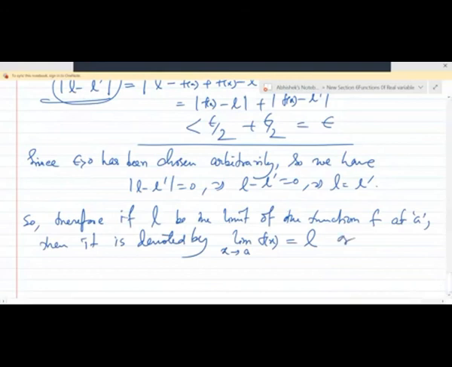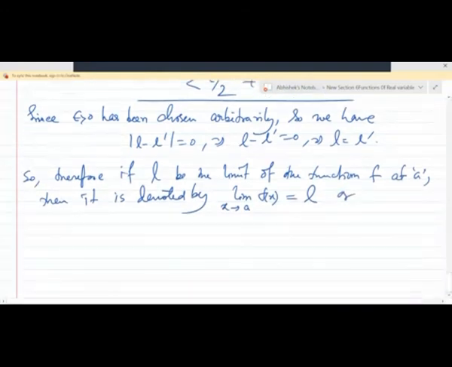Or it can be written as f(x) tends to L as x tends to a.